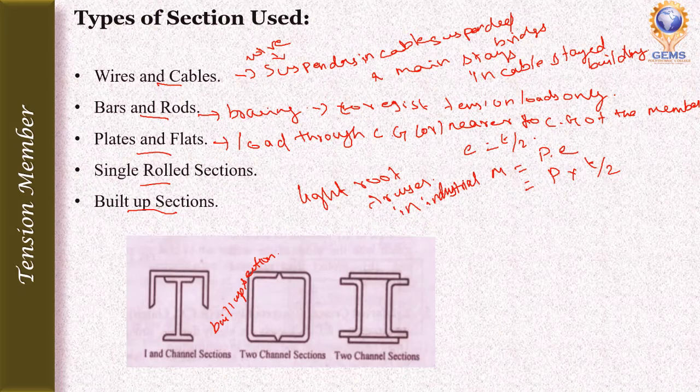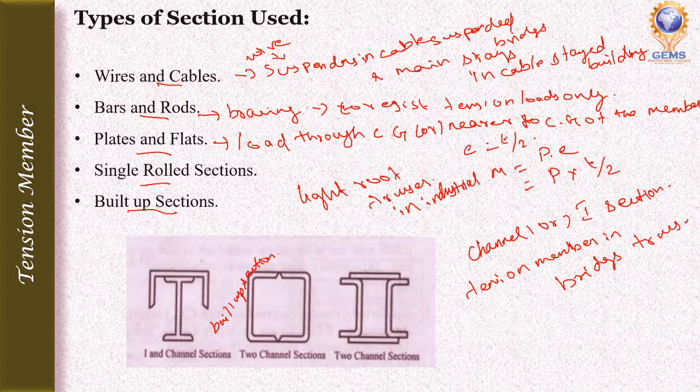The tension members in bridge trusses are made of channel sections or I sections. Mostly they will act individually or as a built up section like this, any one of these. Okay, so these are the types of sections we use.